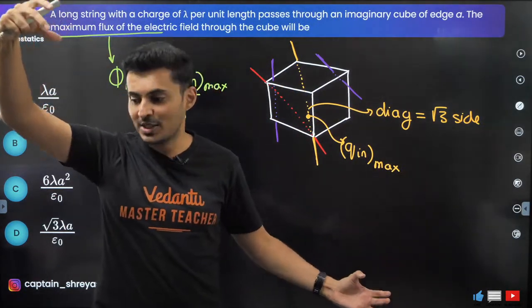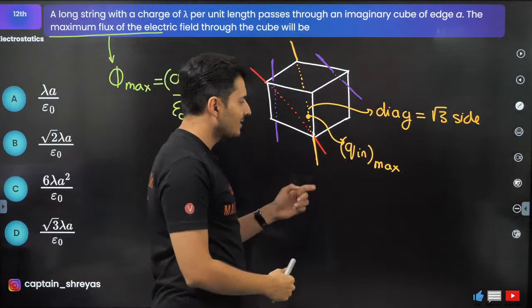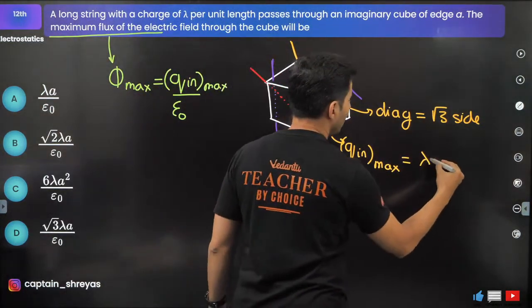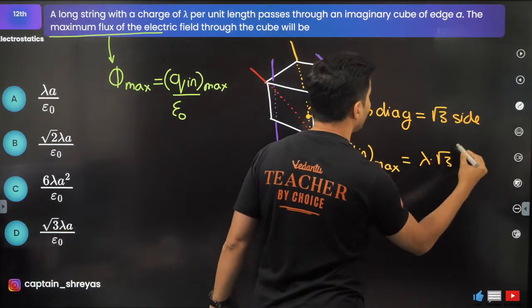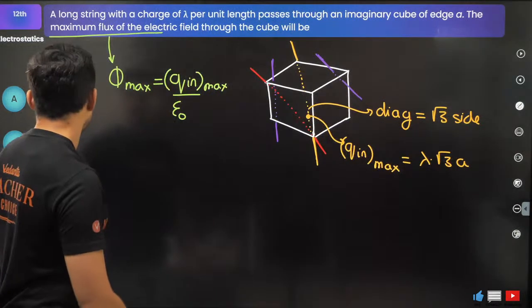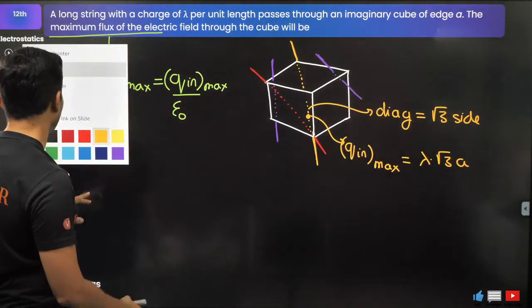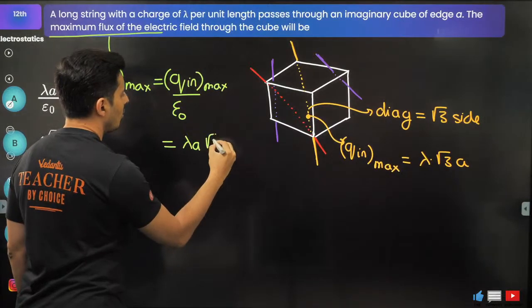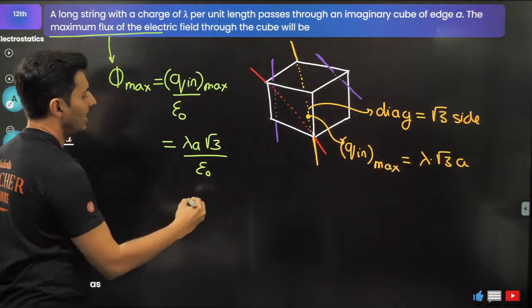That means maximum charge will be there. So what will this be? It will be the charge per unit length, which is lambda, into the diagonal's length, which is √3 times the side, A. So this is going to be lambda A √3 by epsilon naught.